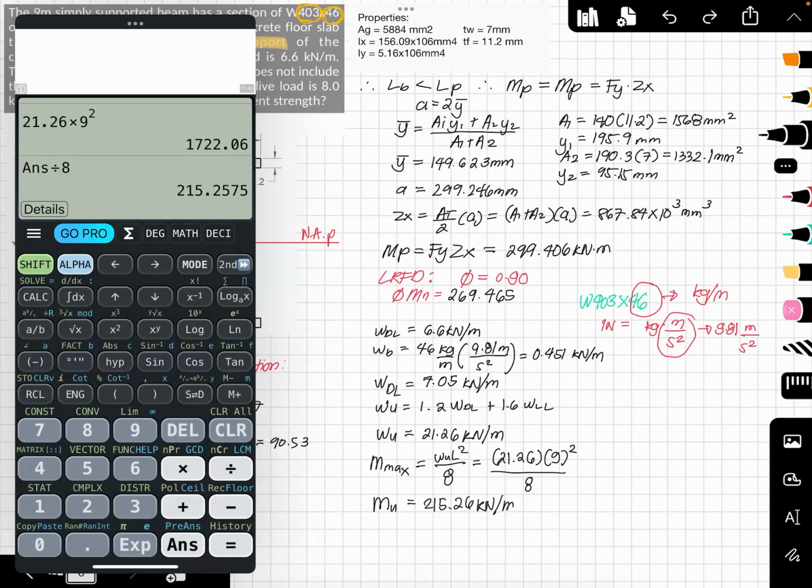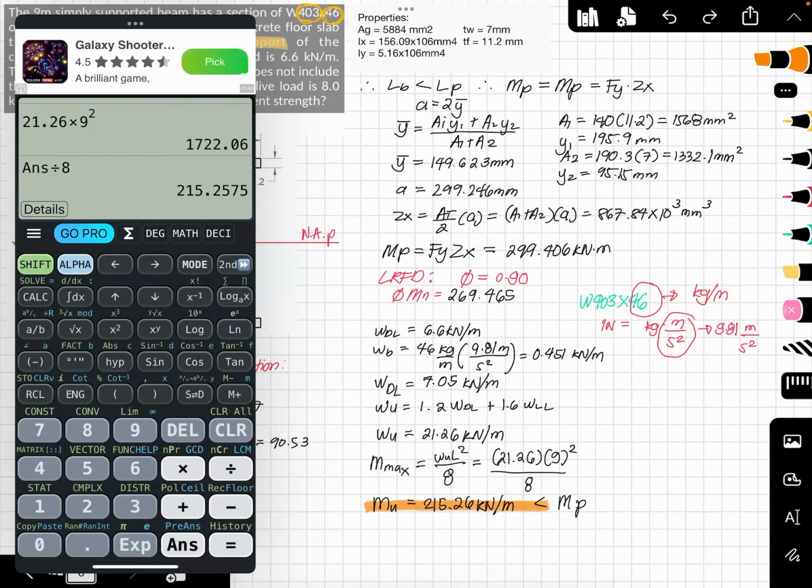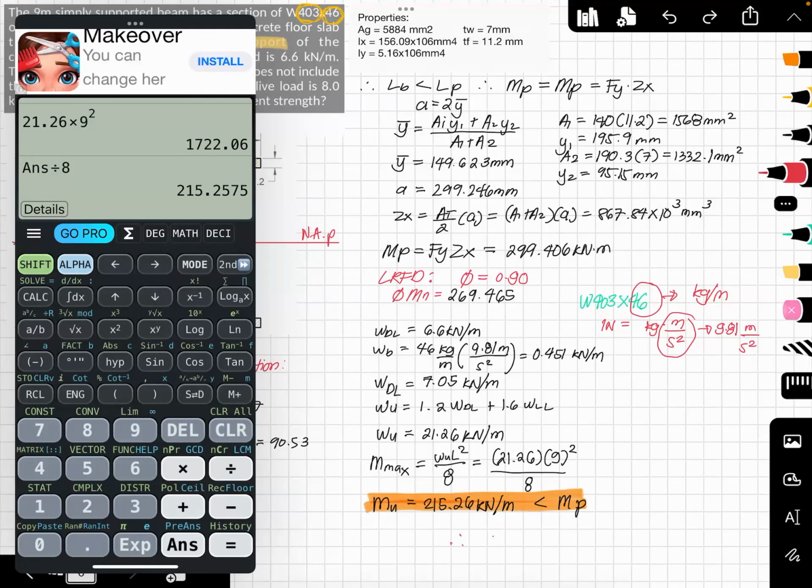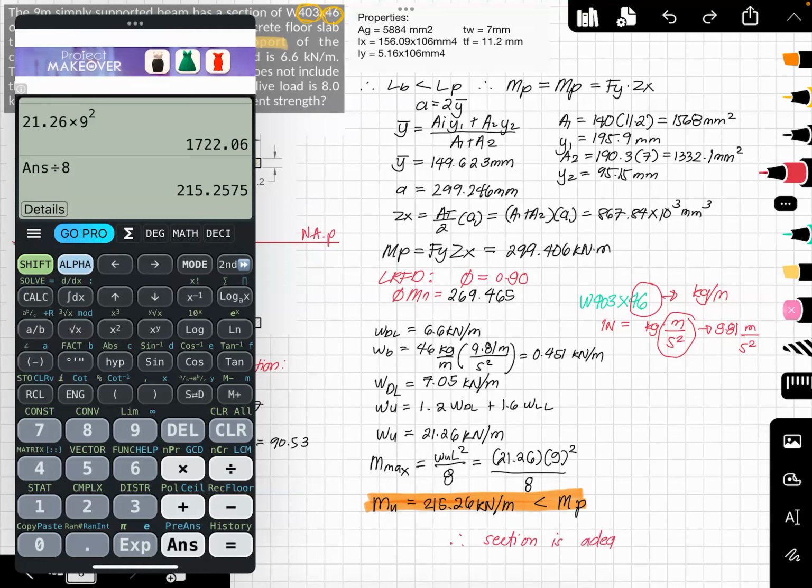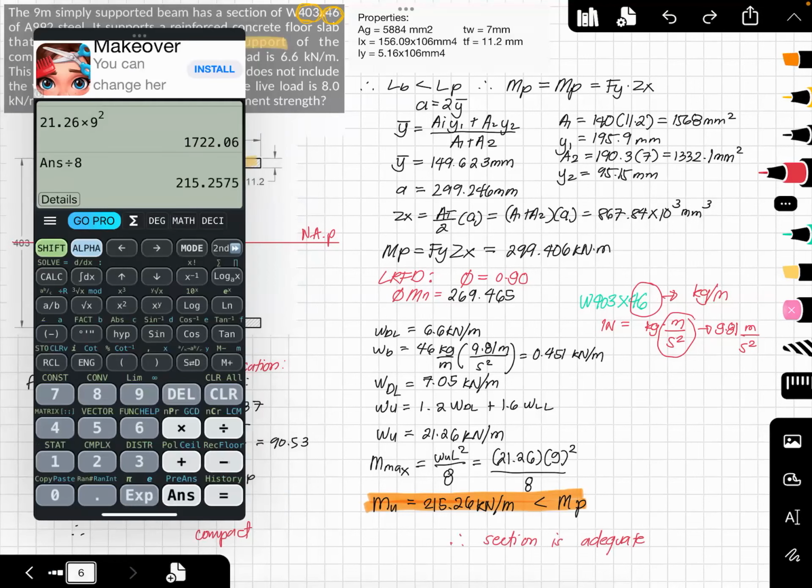As you can see, 215.216 kilonewton meter is less than your phi Mp, which is 269, or Mp of 299.406. Therefore, the section is adequate.